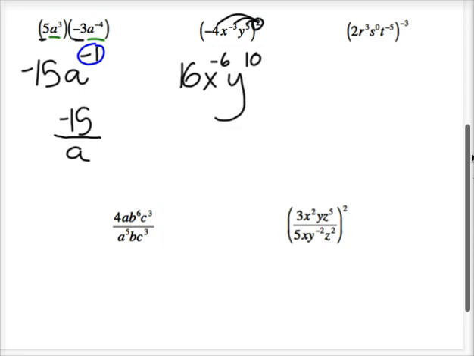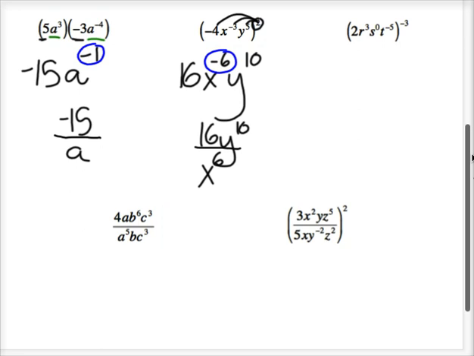Now, the next thing, after doing that, I notice now I'm left with a negative exponent. So I'm going to move that x to the -6 downstairs where it can have a positive exponent. Nothing else has a negative exponent, so that means everything else can stay on top. And that is going to be my final answer.